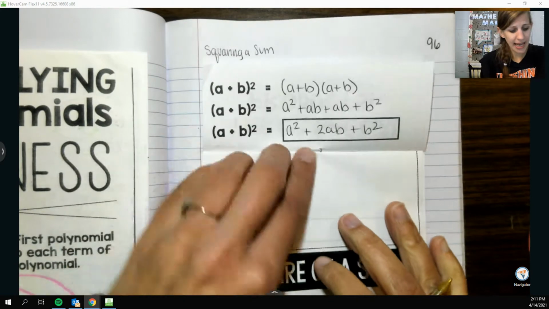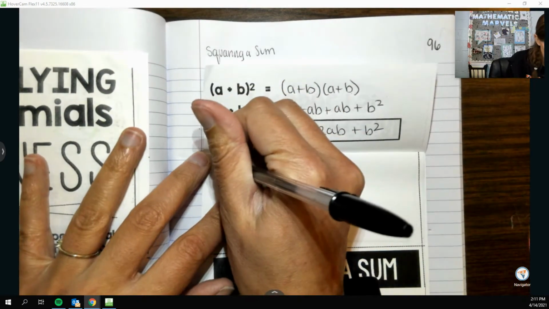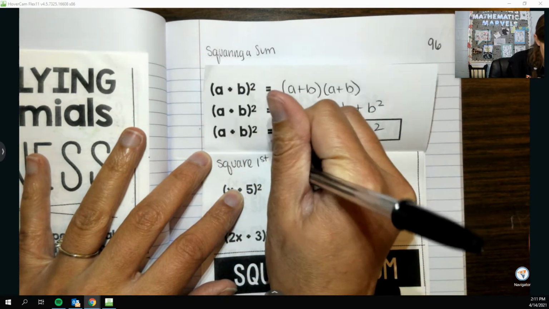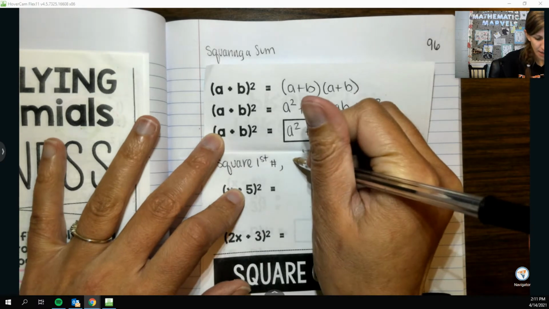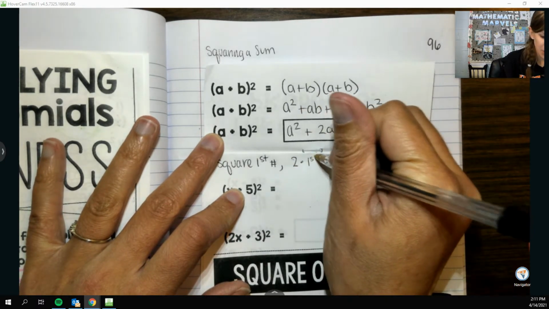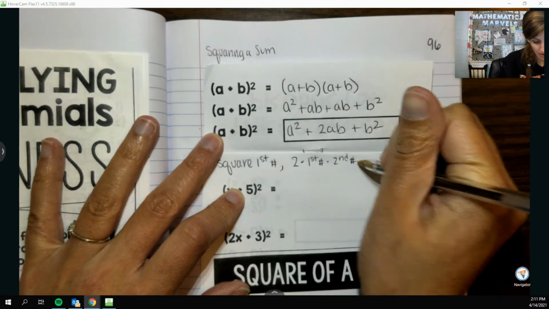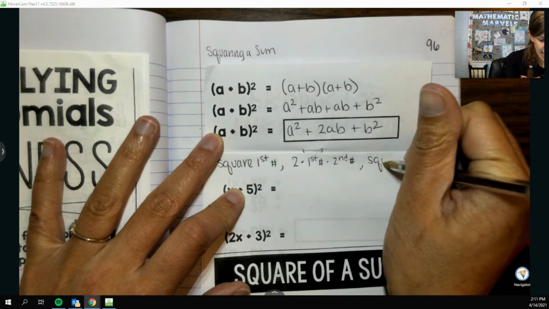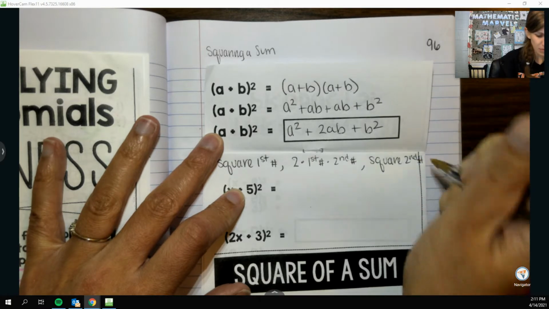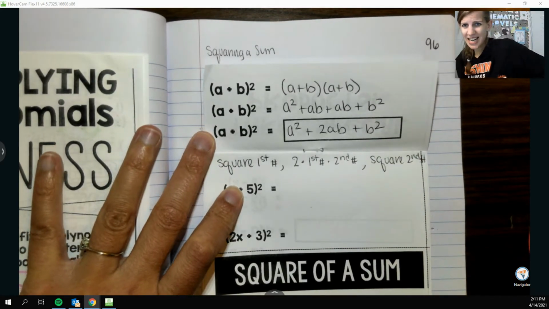Now this is a shortcut, and the way that I think about it is I square the first number, 2 times the first number and the second number, and then I square the last, or the second number. Okay, so I know maybe that doesn't seem like a shortcut, but it's not so bad.